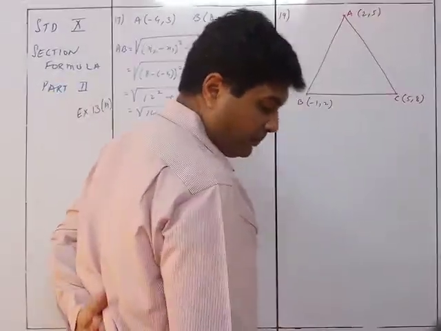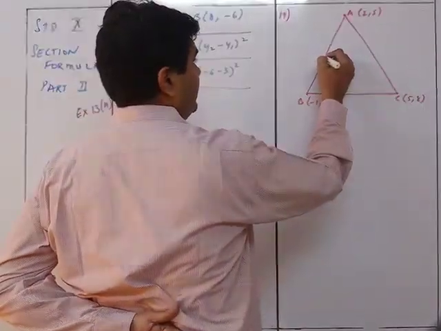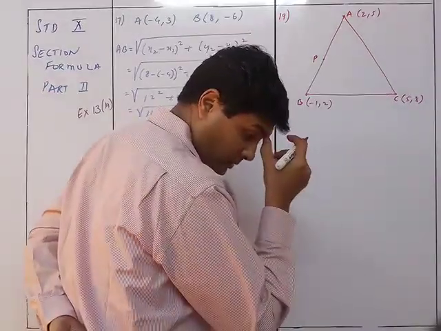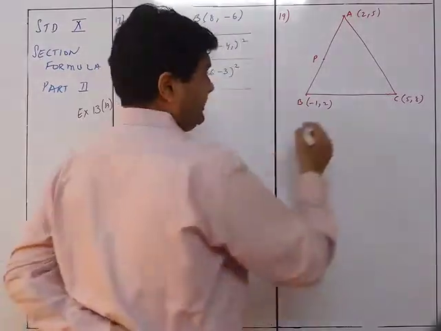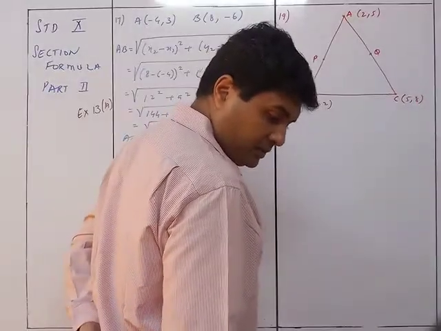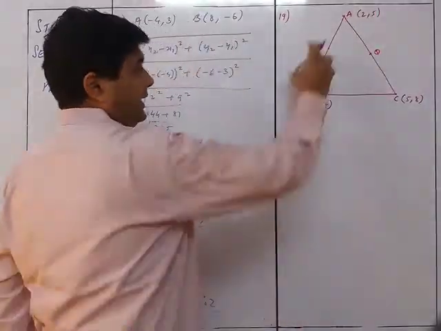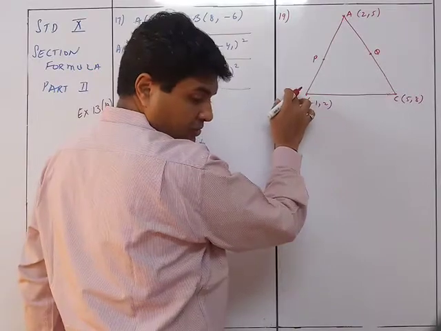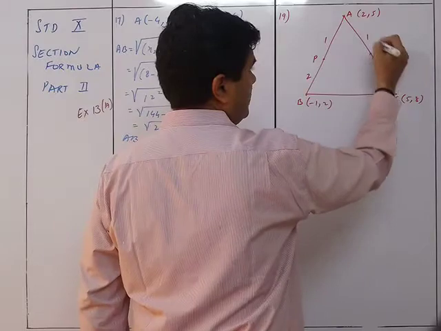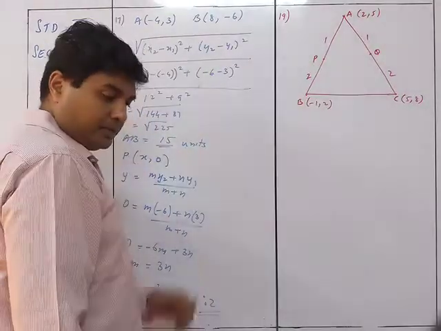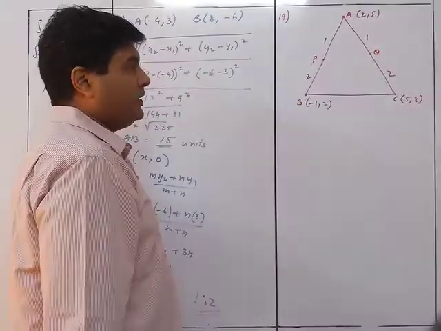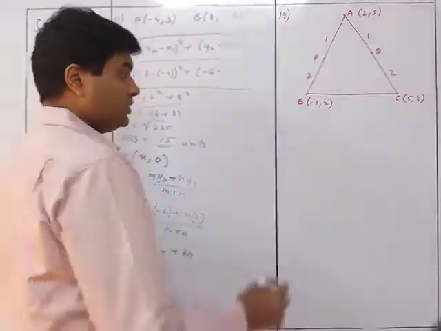You have point P on AB and Q on AC, right? Such that AP is to PB is 1:2 and AQ is to QC is also 1:2, right? You need to find out the coordinates of P and Q. Very easy. So let's see.